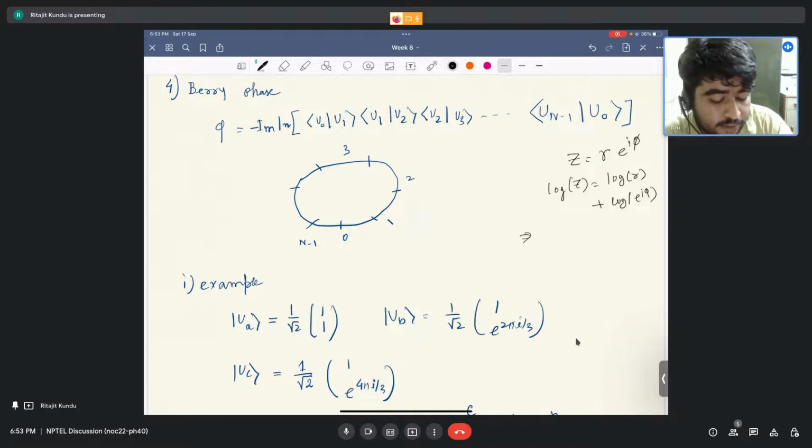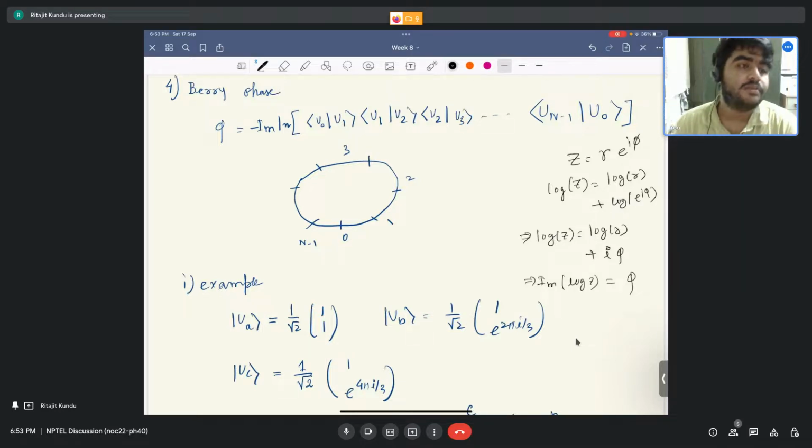So log of z is equal to log of r plus i phi. Now if I take the imaginary part of this function, that only gives me this phi. It depends on how you define this complex number, plus or minus, so you will get a plus or minus here. So this is the idea.